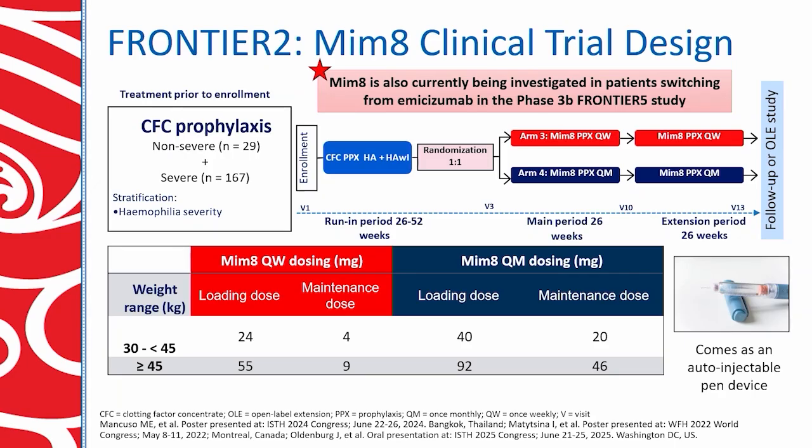So we have a so-called tiered dosing. Patients are receiving, according to weight categories and dosing schedule, a loading dose followed by a maintenance dose. And usually a pen device is offered here for these patients.